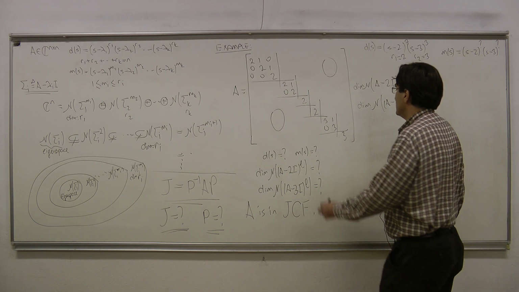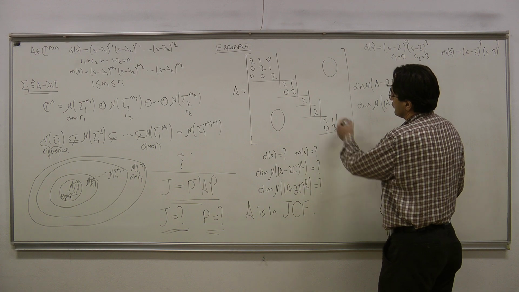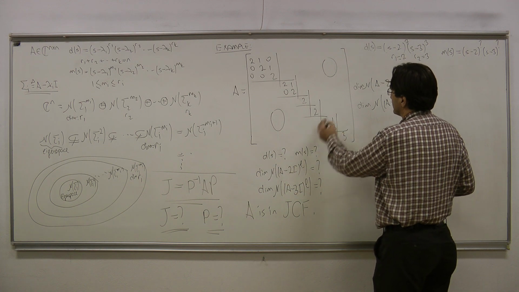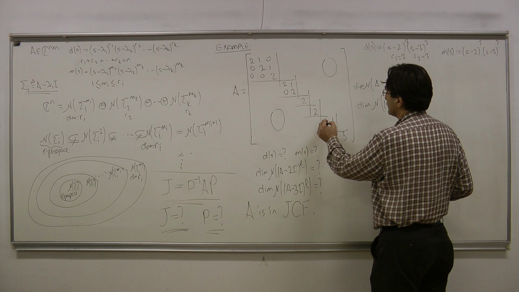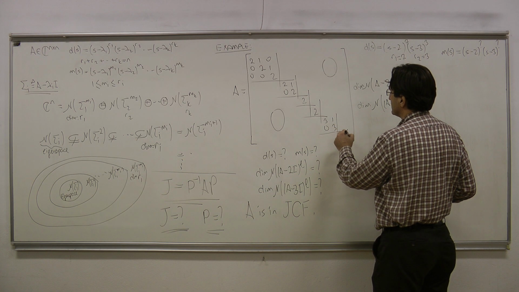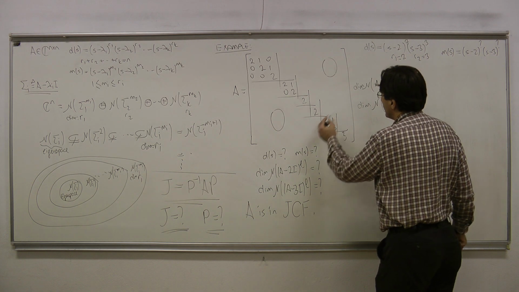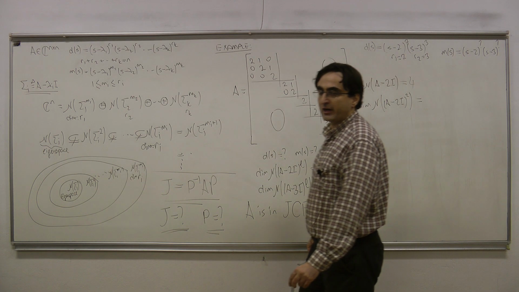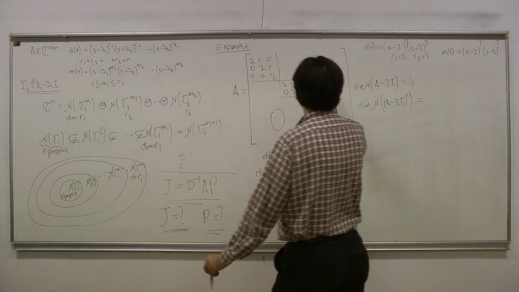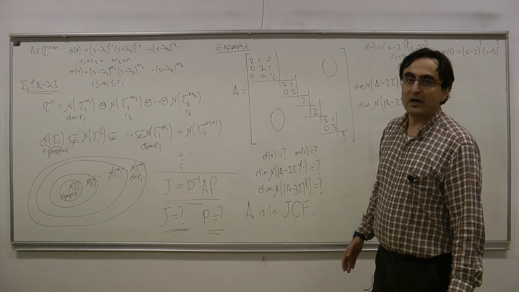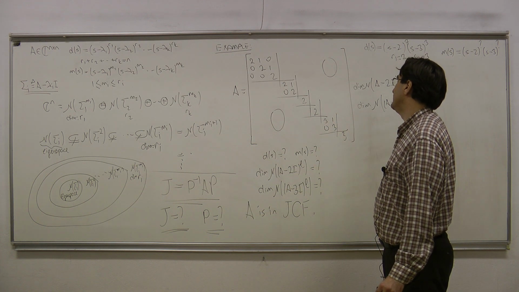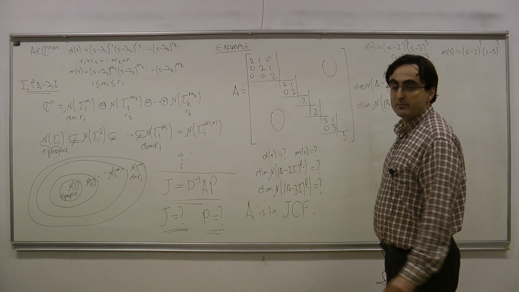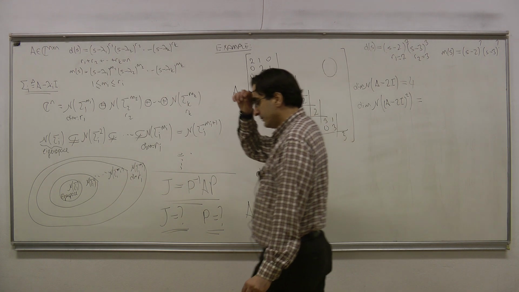All right? Whatever you do, you take the square, you take cube, it really doesn't matter. As long as these diagonal elements remain non-zero, they won't be able to change the null space dimension at all. And these 3 columns belonging to the other eigenvalue will not affect really the null space dimension at all. Okay?